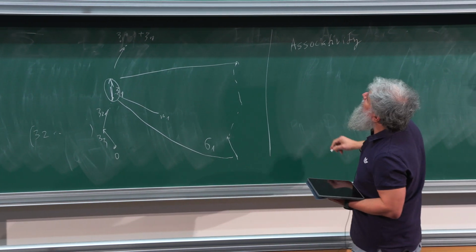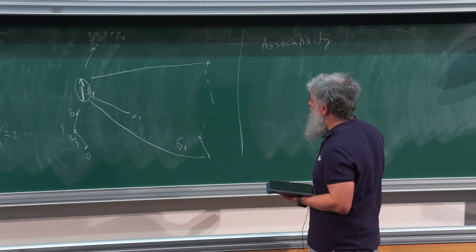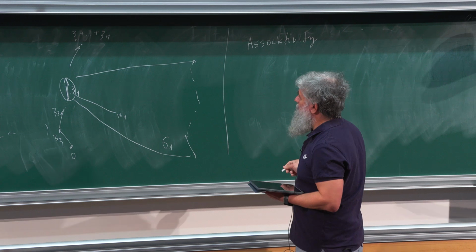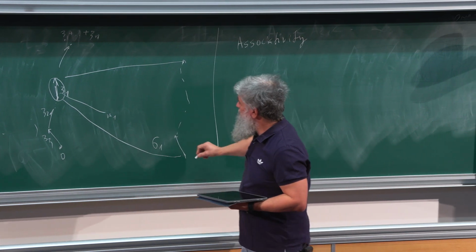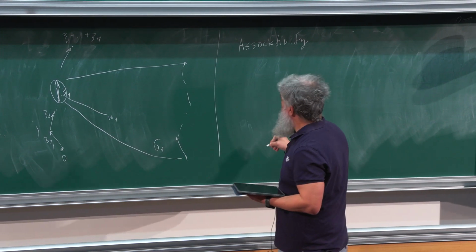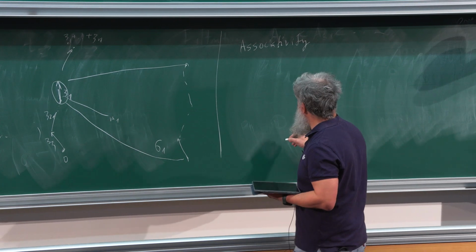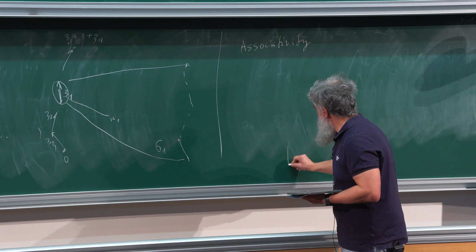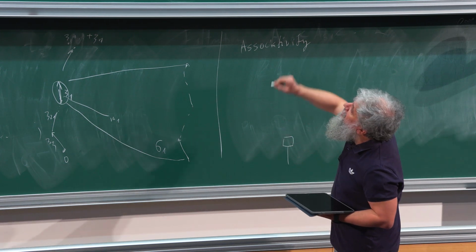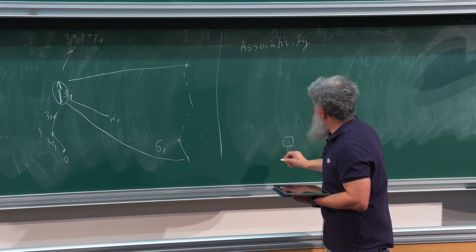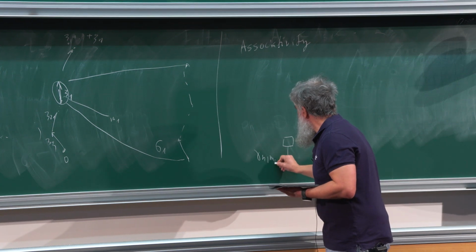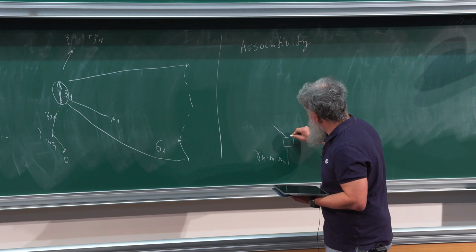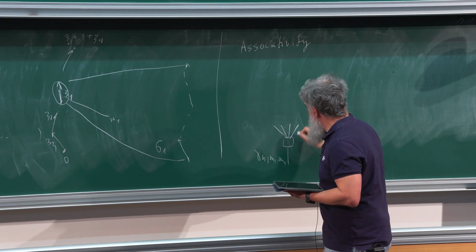Pictorially, we have gamma n, m1, through mn.